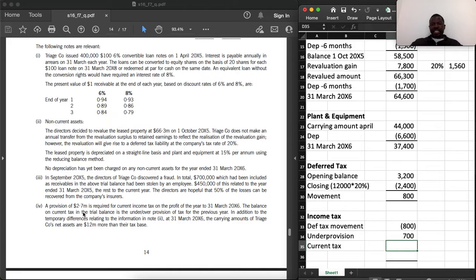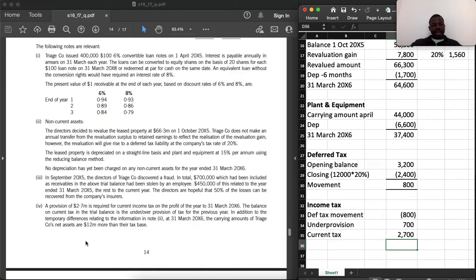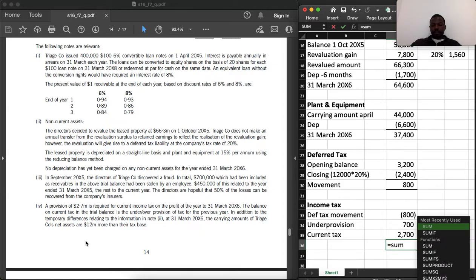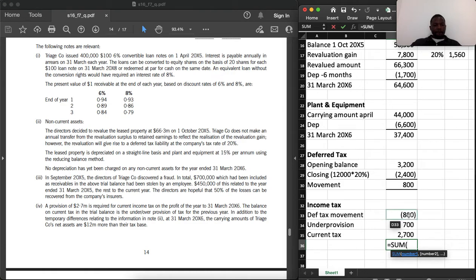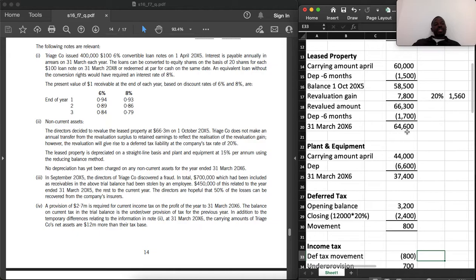The current tax is 2.4, 2.7, like that. So when we sum up, this 2.6 is the figure that we are going to use to adjust our profit. We are going to adjust our profit as well with the depreciation.